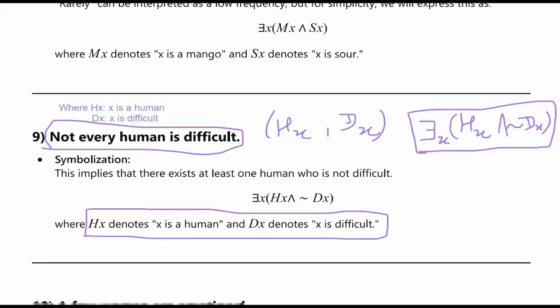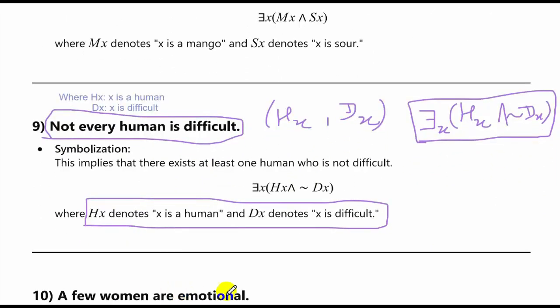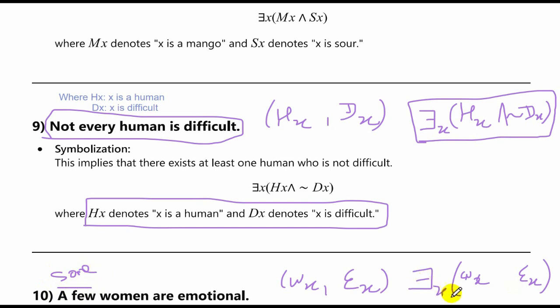Now let's go on to the next one. A few women are emotional. So they'll give you WX and EX. We write it again, WX and EX in the bracket, and then determine what symbol and what quantifier to use. A few means some. This is very simple. Some means existential. And when we use existential quantifiers, we use the conjunction symbol along with it.